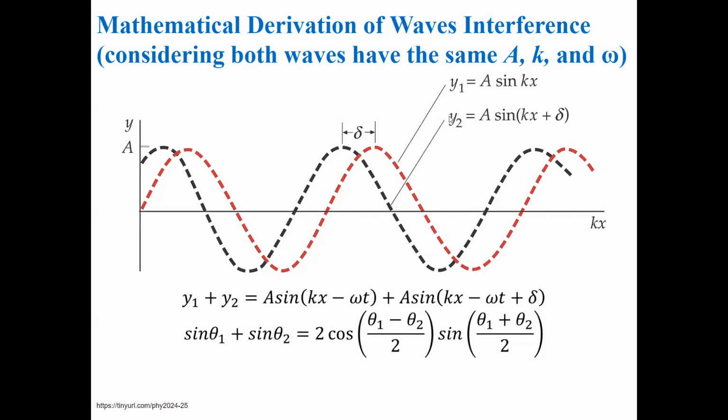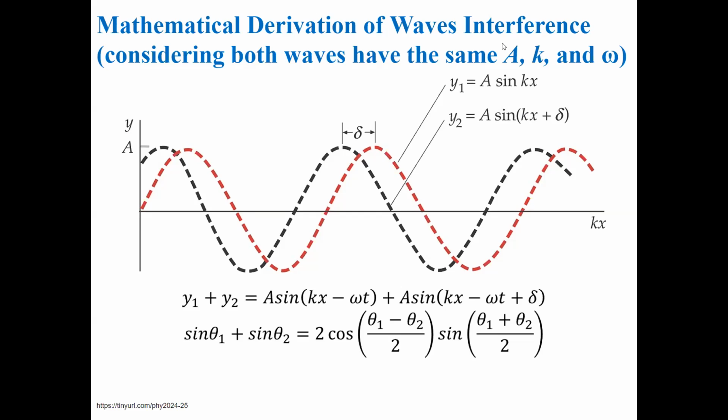Now if you have a second wave with the same amplitude, sine of kx plus a phase difference. So they differ in phase. In trigonometry, if two sine functions differ by a little bit, we call that a difference in phase.